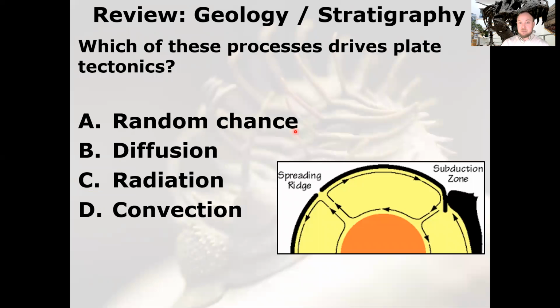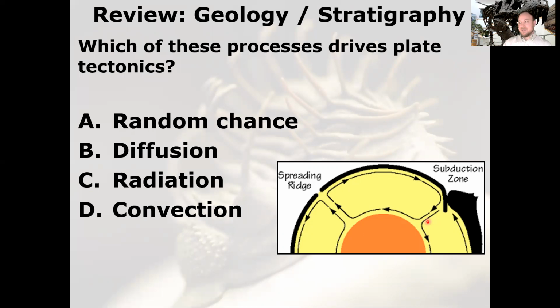Next thing, which of these processes drives plate tectonics? So we have a spreading ridge here in the middle of the oceans, new crust being created, moving out. Over here we have a subduction zone where old crust is subducting and sinking and being destroyed. What process is it that drives this loop here, these cells?